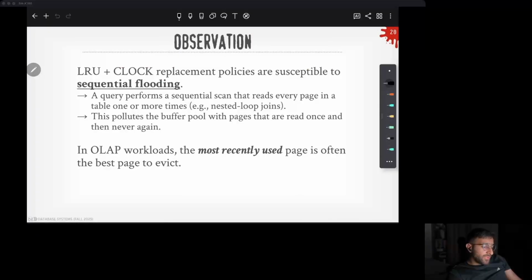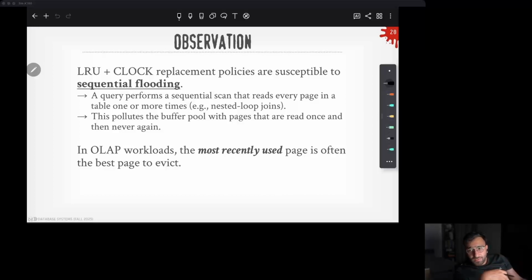Okay, so in an OLAP workload, you want to use the most recently used. Why? Because once you have run an analytical query, it is very unlikely that you will run that query again.